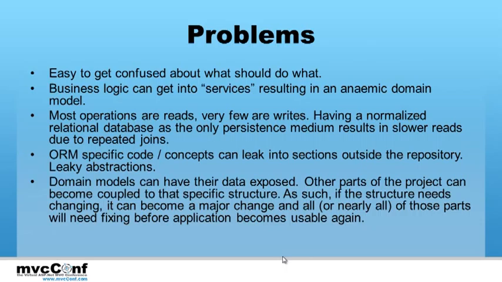So, say if certain relations or classes in the domain change, any application class needs to immediately change its code to update itself. Otherwise, the application will be in an unusable state. So if the structure needs changing, it can be a major change where other applications would need to be updated immediately before they can be usable.